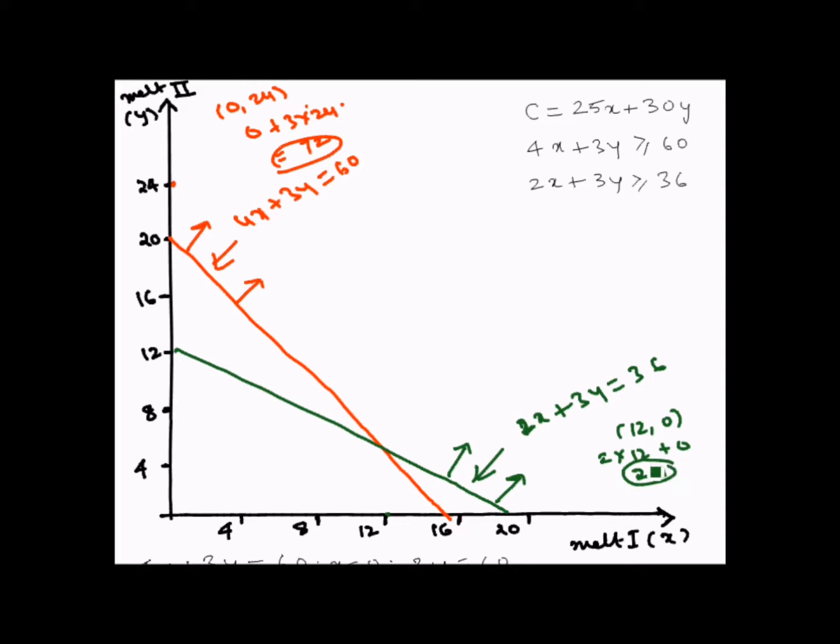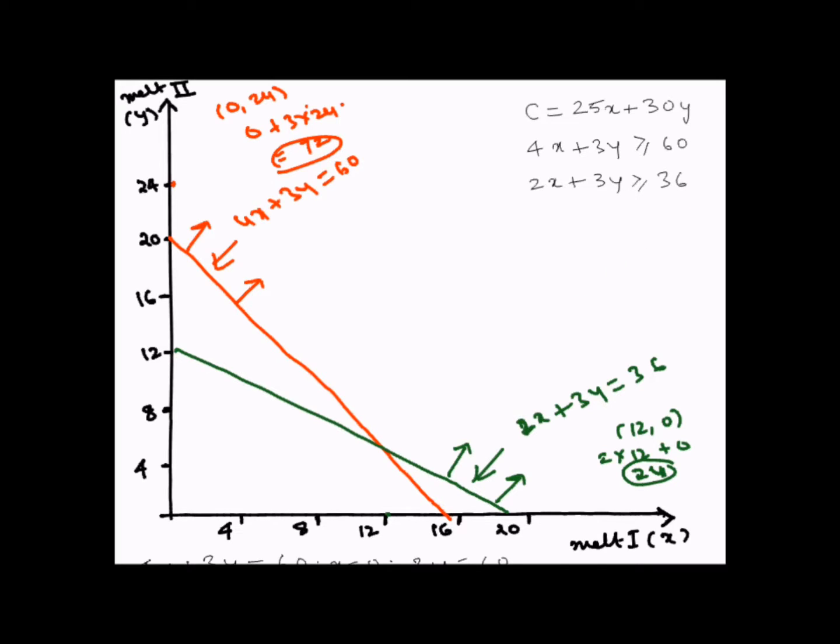Now 24 is less than 36. So this point does not meet the criteria 2x plus 3y is greater than or equal to 36. And if we take a point on this side of the line, you'll see that it meets this constraint of 2x plus 3y is greater than or equal to 36.